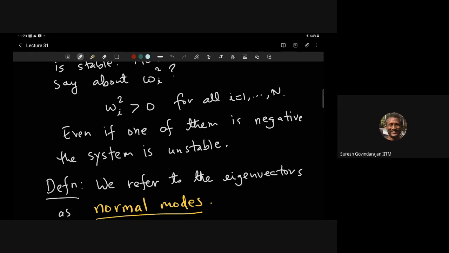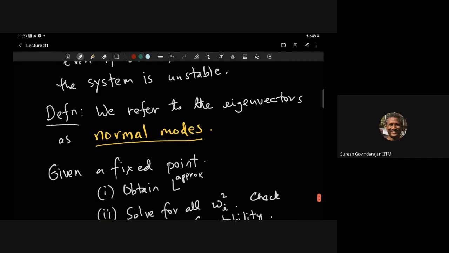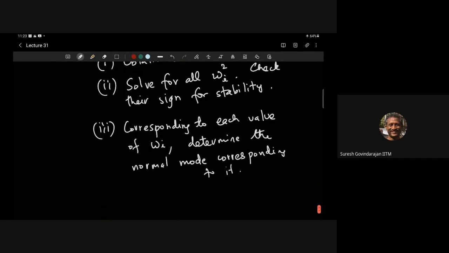Neutral. It's not stable because you push it in that direction, it will just go to the new position. So that's not quite stable. But this is only approximate. If you go back to the full system, it could become stable, etc. But what I'm asking is, if L approximate were exact, then it is just neutral equilibrium. Okay, good.